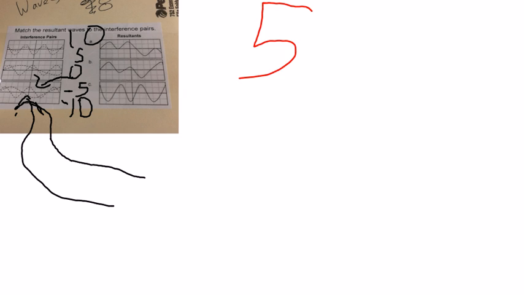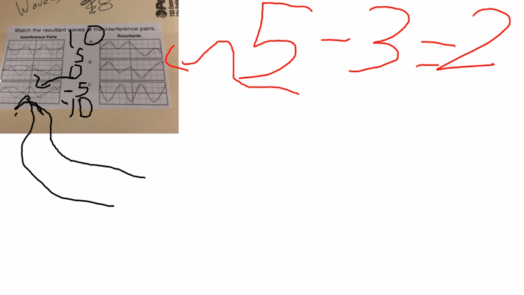So you simply take 5 minus 3 equals 2. So in your resultant, at that center point, your resultant wave would have a point at 2. In this case, the only one that has that is B. So the third interference pair matches with B.